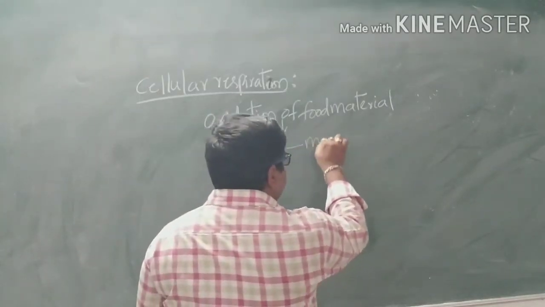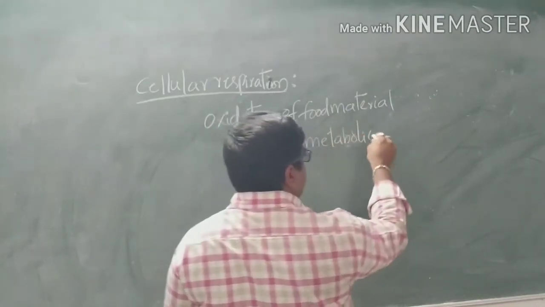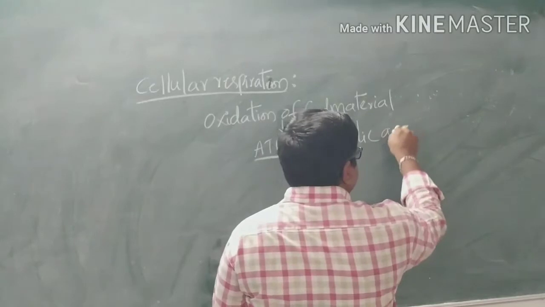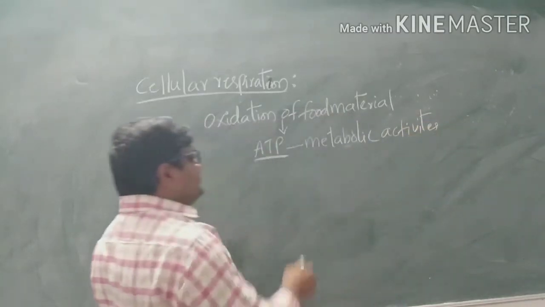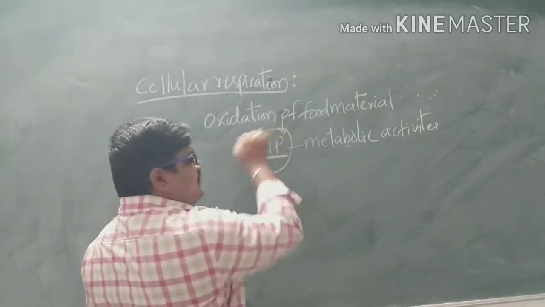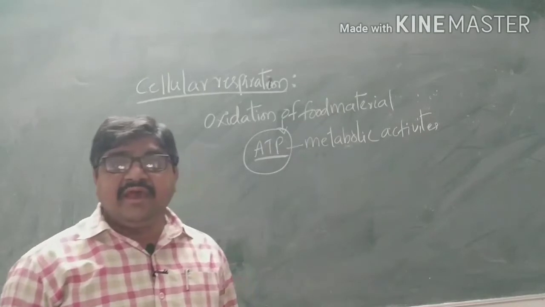So the cell utilizes the energy for its metabolic activities. It is an energy-rich source in the form of an ATP molecule.